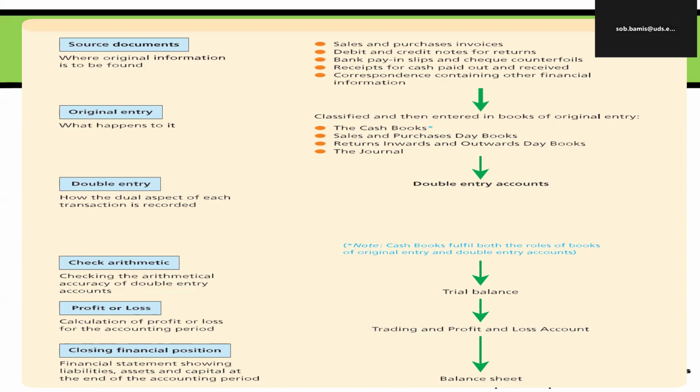Today we are with the ledgers. Then after that, we'll come to the trial balance, checking the arithmetic accuracy of the double entry. After that, we can prepare the financial statements.